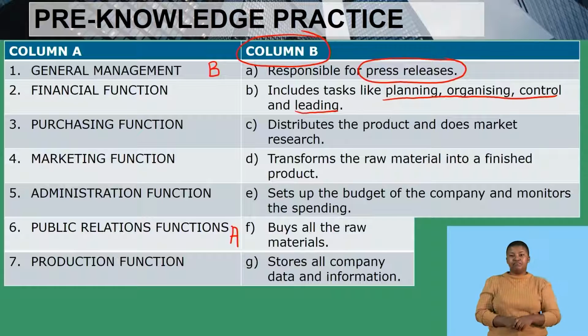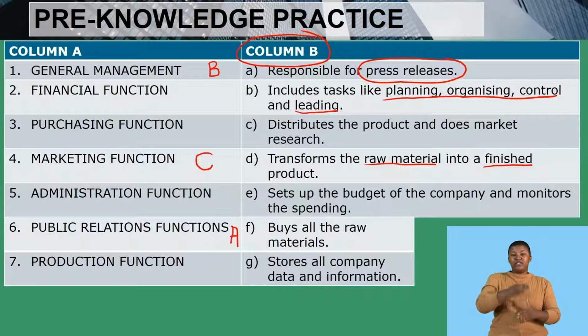The next one distributes the product and does the market research. So we know the market research is done by marketing function, and that is number 4, which will then be our C option. All right, our next description, number D, states it transforms the raw material into a finished product, and that is, of course, production function.